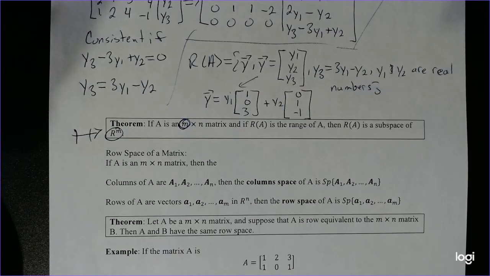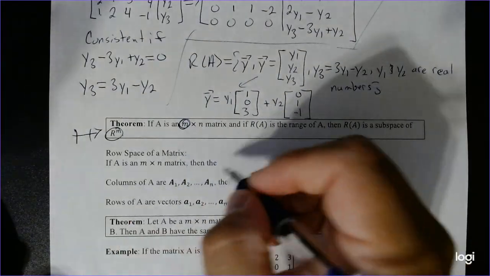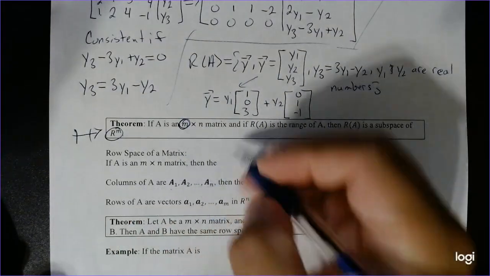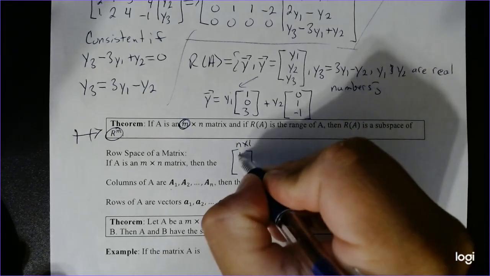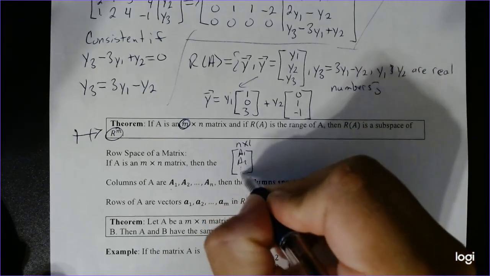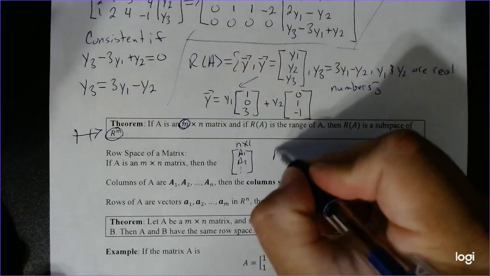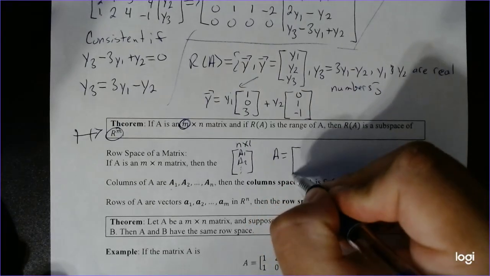Okay. So if A is an m by n matrix, then the columns of A, we talked about this earlier, can be broken down into individual m by 1 matrices. Right, this is A1, A2, so forth down the line.